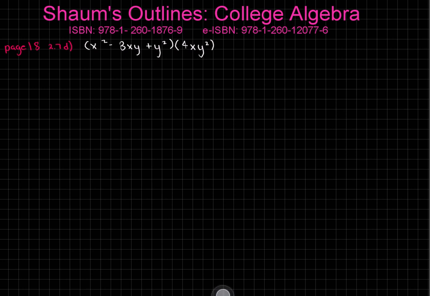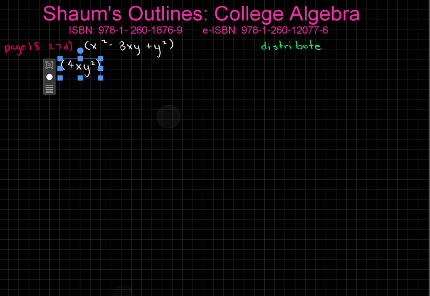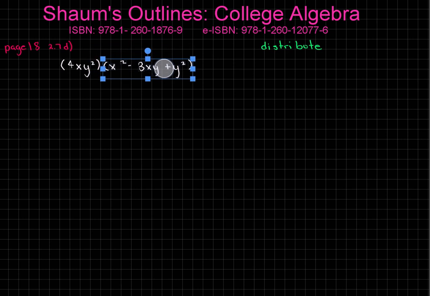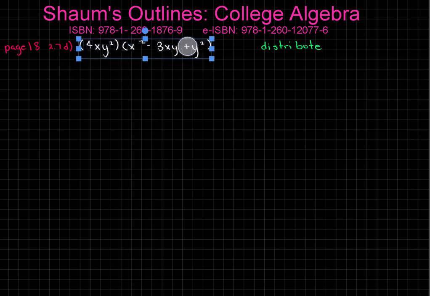Our first step is going to be to distribute. It helps me to rewrite these with the smallest expression in the very front. So I'm going to take this expression and bring it to the front, and this expression to the back. That's how I want my expressions to look.